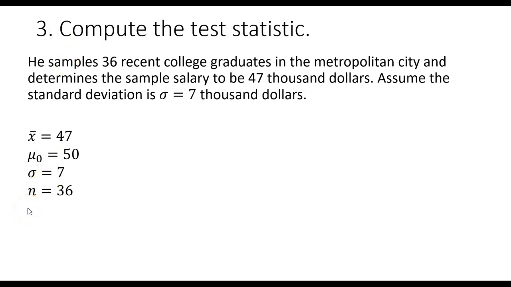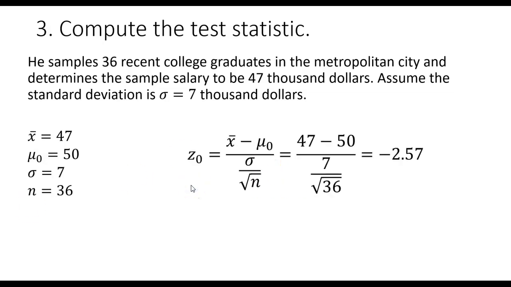Once we have all of our values identified, and I highly recommend that you write these down, identify the different pieces that you're going to need, so when you plug them into your formula, our test statistic, when the population standard deviation is known, gives us a z-score here.